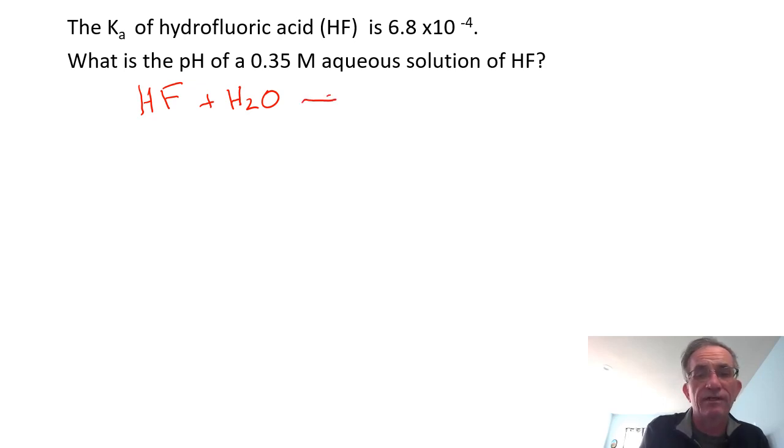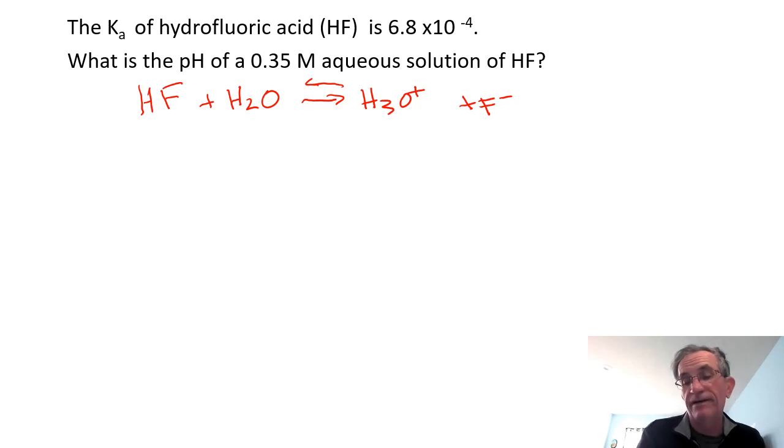That's their whole goal in life. So we're gonna write hydronium, and that's coming from the hydrogen going over to the water. The other product is whatever's left after that acid loses its hydrogen. In this case, that would be F minus. All right, so this is equilibrium, so just to be clear about that, we'll write our arrows going in both ways. All right, so you got your reaction.